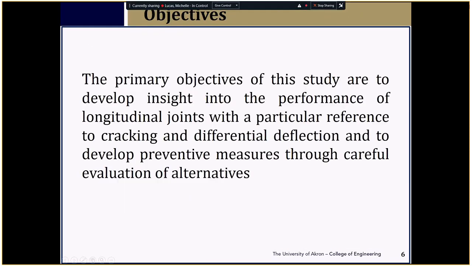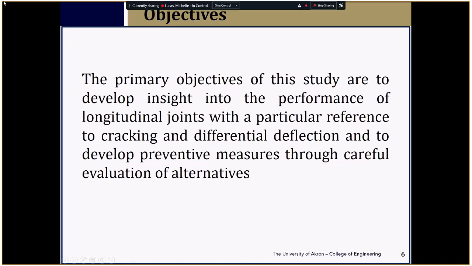So the primary objective of this study was to understand the performance of the joint behavior. Initially the focus was mainly on waterproofing of the joints, and cracking and differential deflection were also studied so as to identify the problem of water leakage.